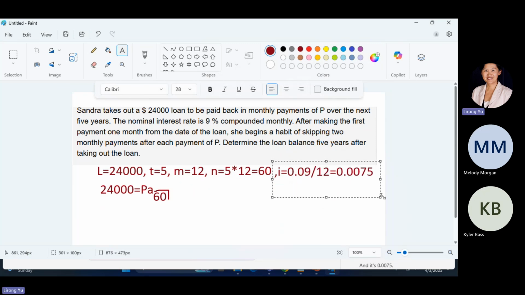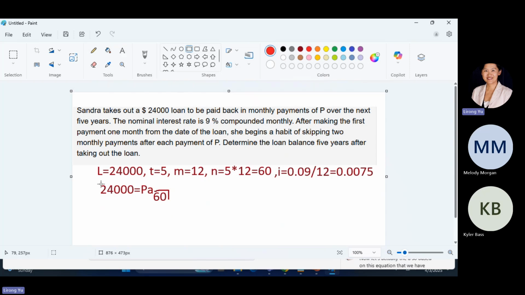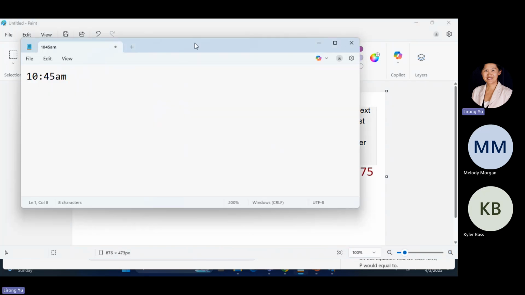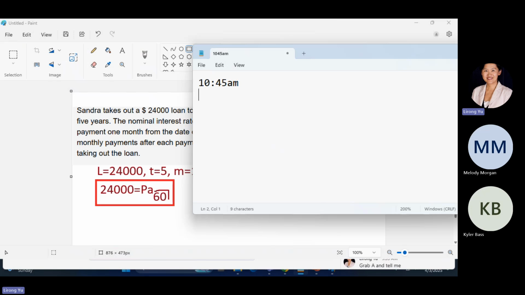Okay, now let's calculate the A. Based on this equation that we have here, P would equal 24,000 divided by A. What is A?